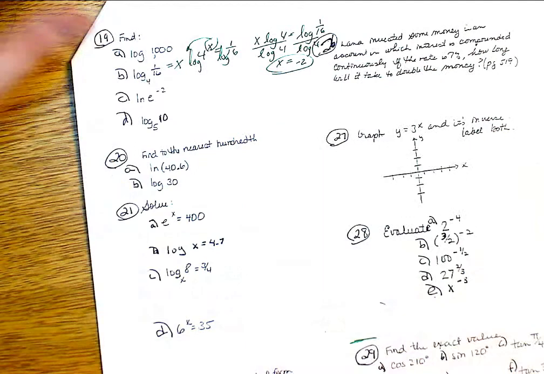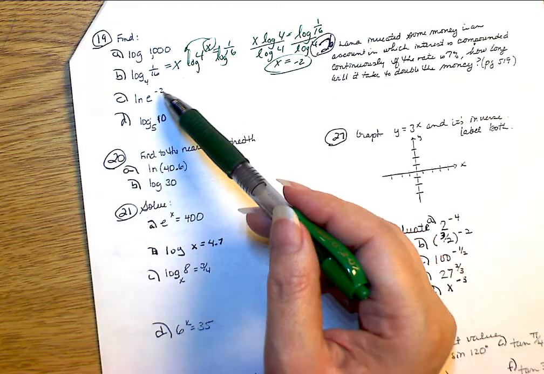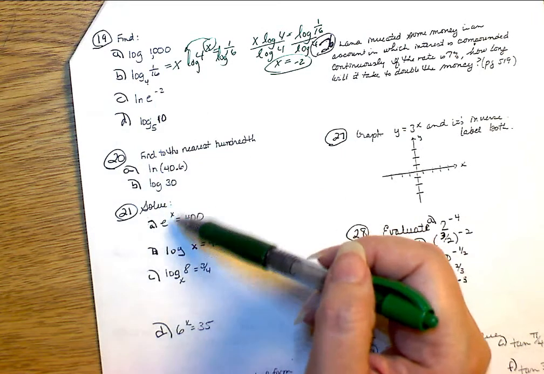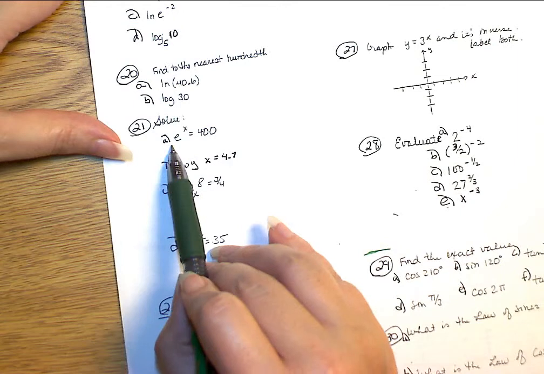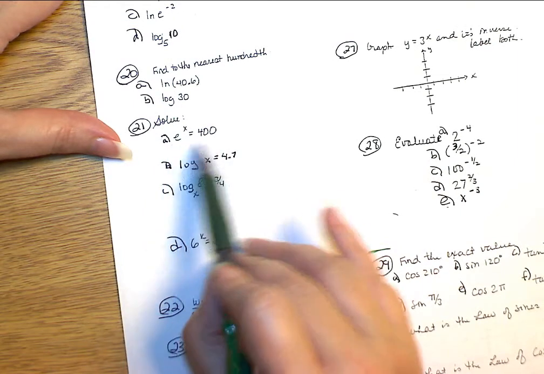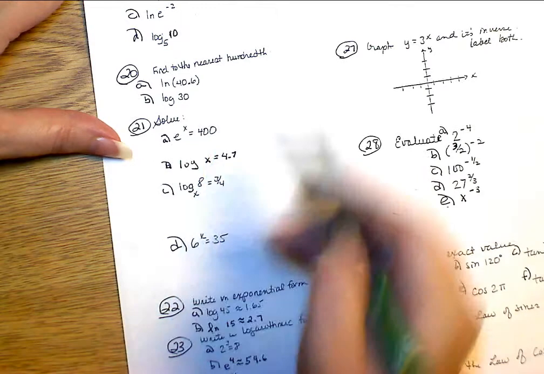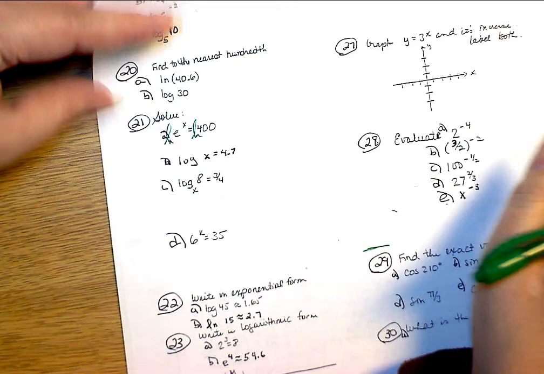So that's exactly how you would do your ones right here. On 21a, if you have e, what do you take of both sides? You can't take the log, you take the natural log, ln of both sides. Still has the same rules.